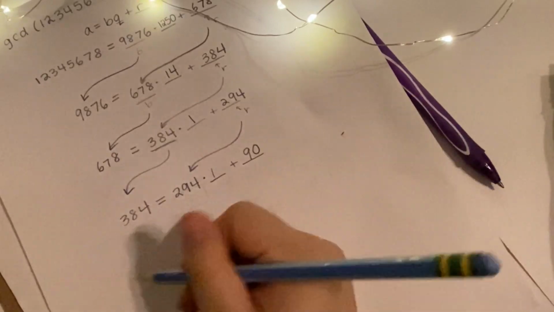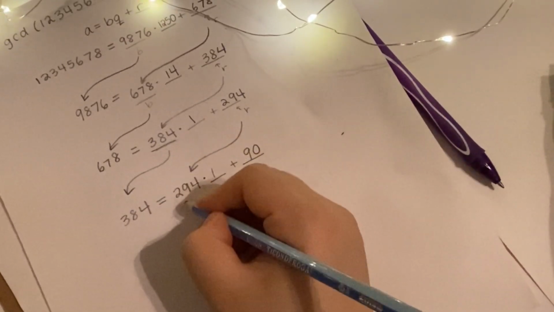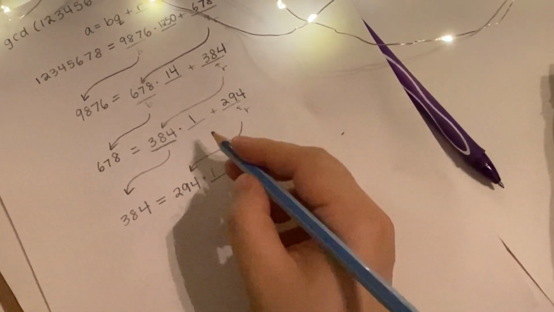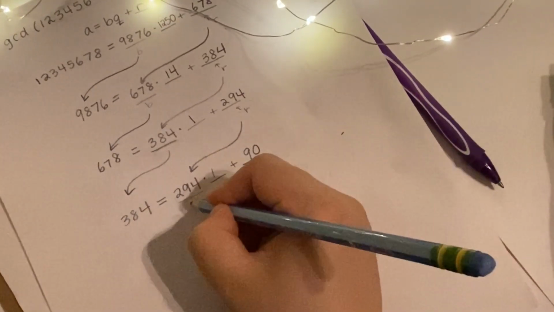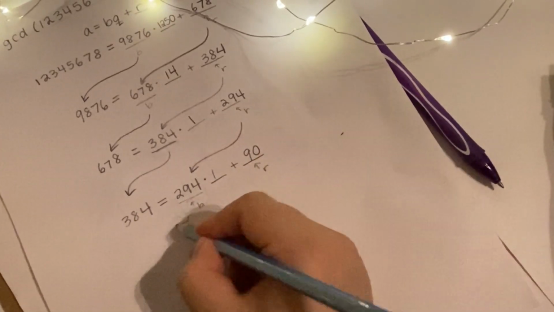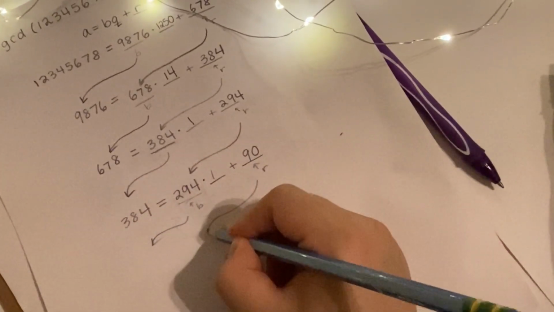But for the sake of the algorithm, we're just going to keep flowing. So at this point, you could use a different method if you wanted to, but this is way more fun. So this is R and this is B, so we slide it over, slide it over.